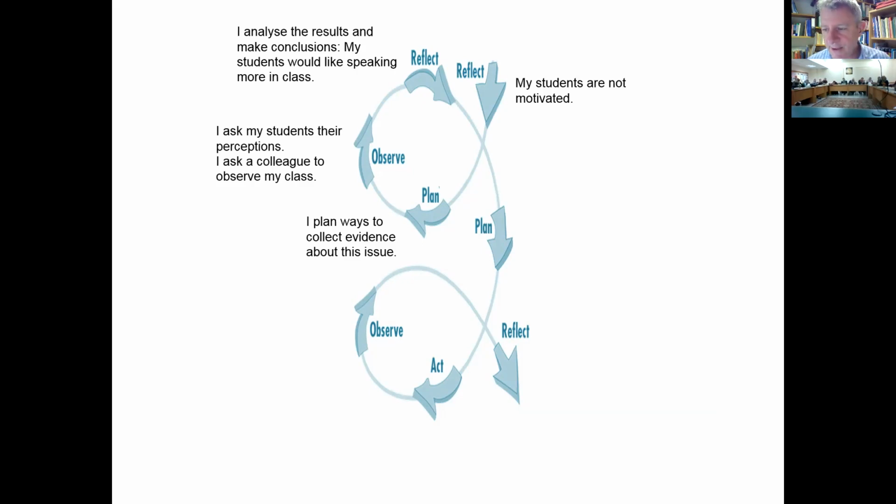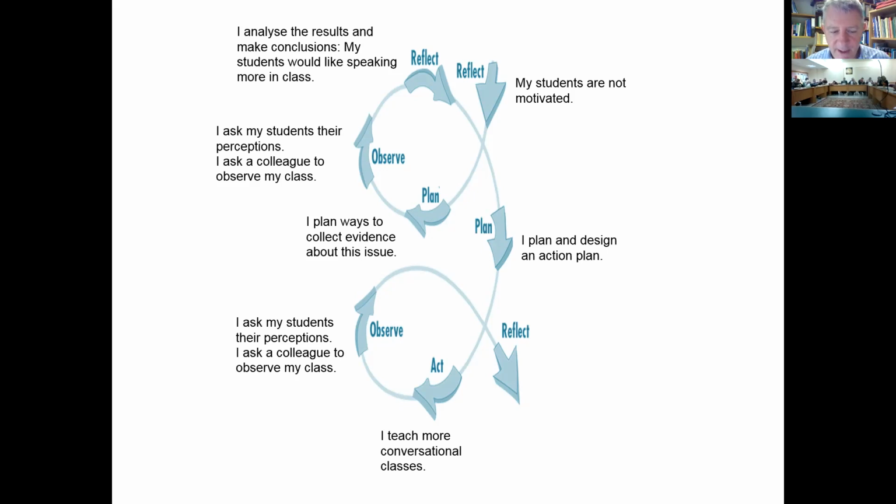As a result of that, instead of doing some vocabulary games, the teacher planned and designed an action plan which would be suitable for what the students were saying. So now the teacher started to teach more conversational classes and asked the students for their perceptions, and also asked a colleague to observe the class.